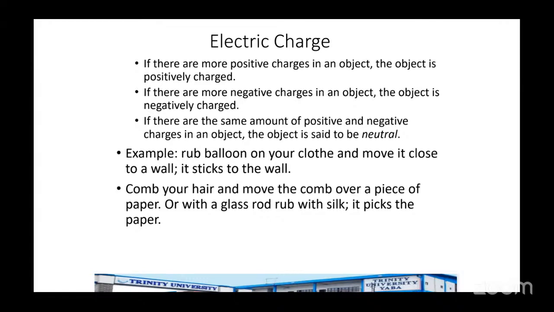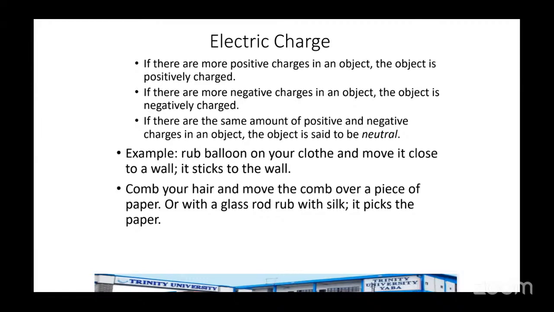Now, how do we charge? If we rub a balloon on our clothes and move it close to a wall, it sticks to the wall. If we comb our hair and move the comb over a piece of paper, or rub a pen on our clothes or hair and move it over a small piece of paper, it will pick up the paper.